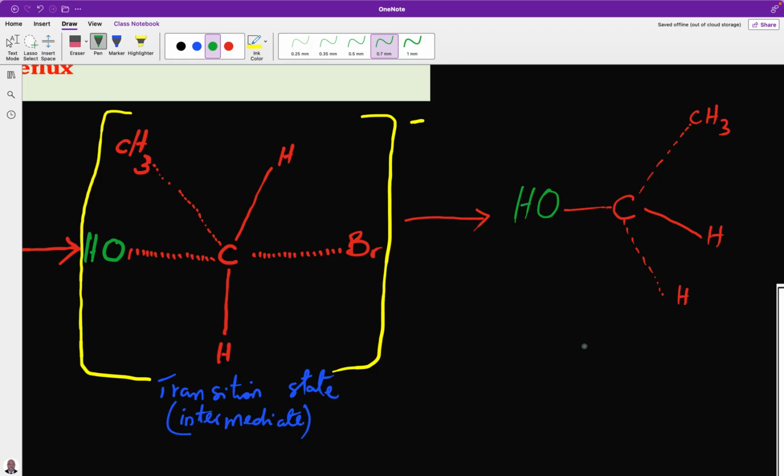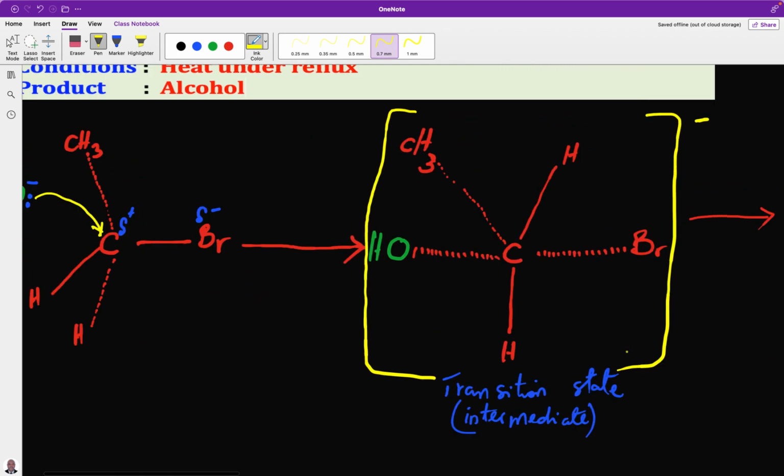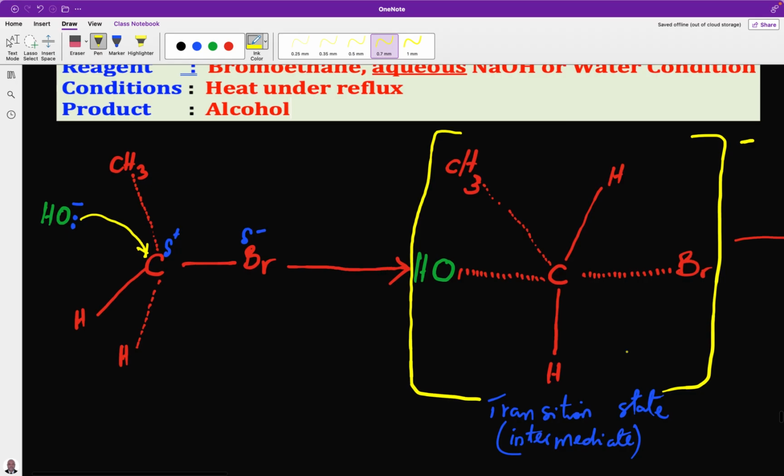Plus the bromide, which we call the leaving group, plus the bromide ion with its 2 electrons. The bromide ion with its 2 electrons. That is what happens. That is what is happening there.